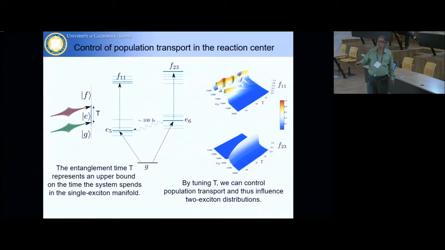But when you decrease the entanglement time, you get enhancement of F23 because you are beating this relaxation and you get more into F23. For F11 it is the opposite. If the entanglement time is long, you get F11, and when you make it shorter, it will decrease.